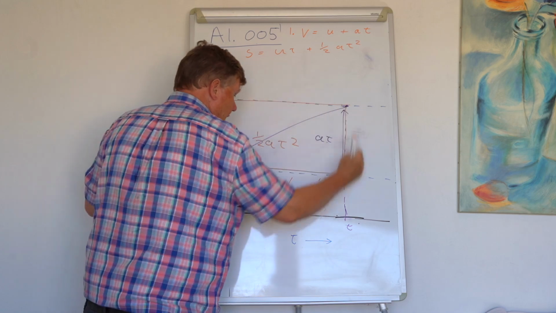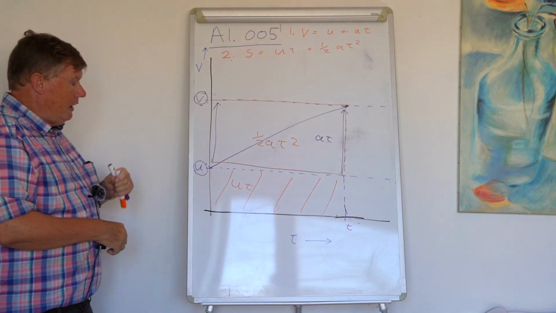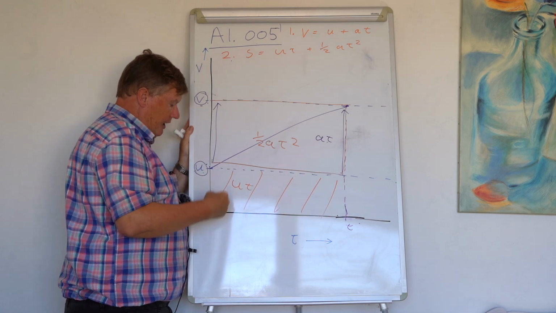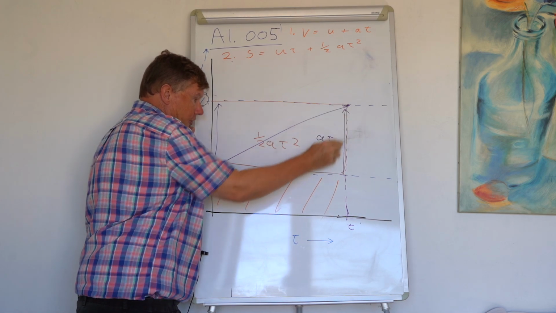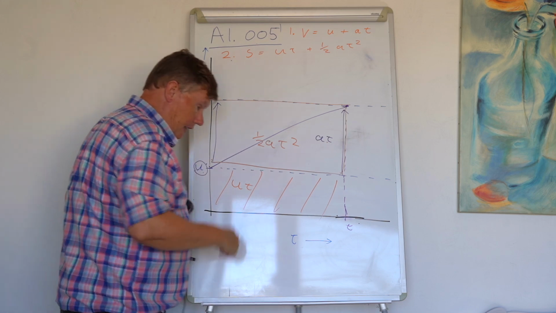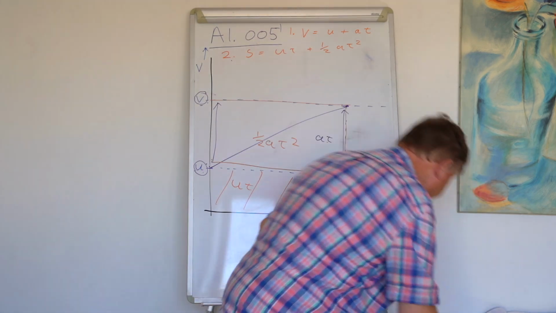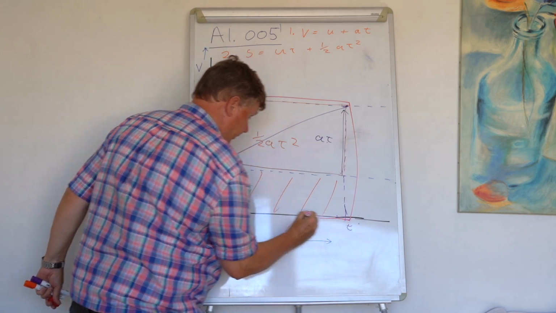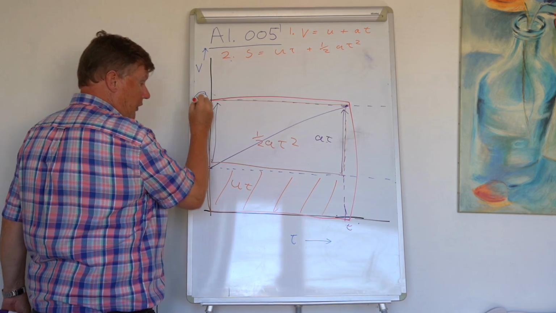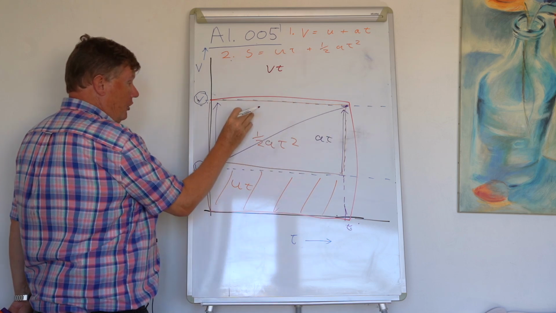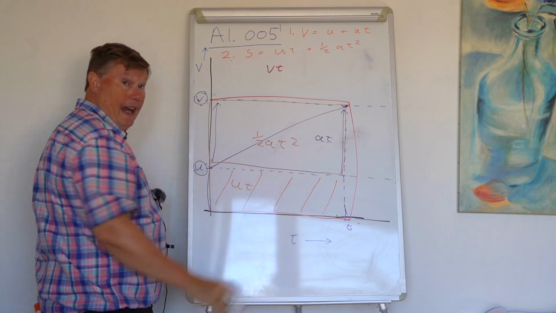Another way of looking at this whole graph is to say that the distance covered, which is this bottom rectangle and that triangle, is the same as this entire box, which is v times t. So if you take the whole red box and you take that away, you'll get all of that, won't you?